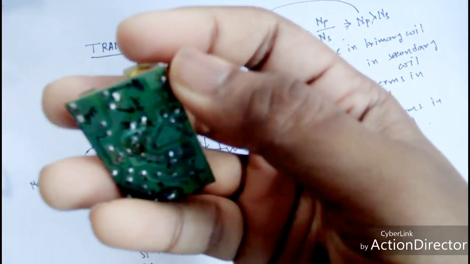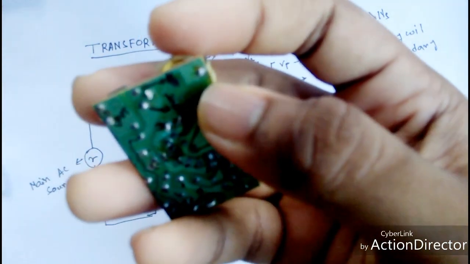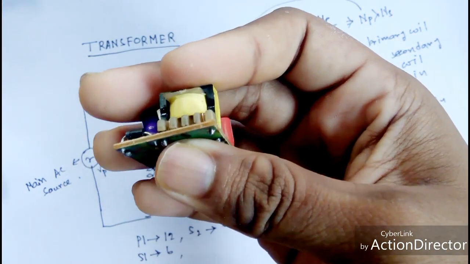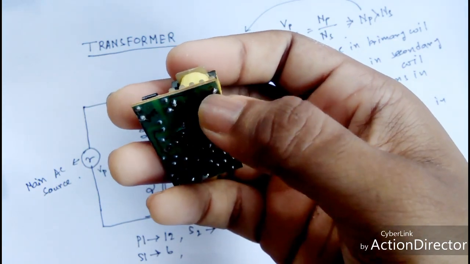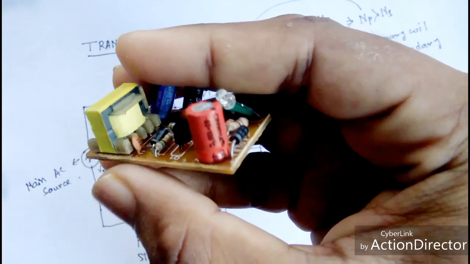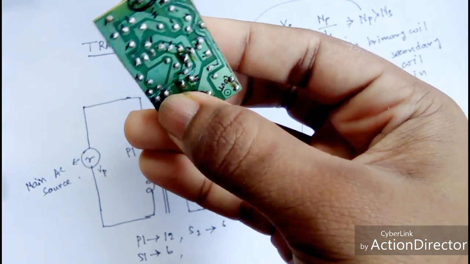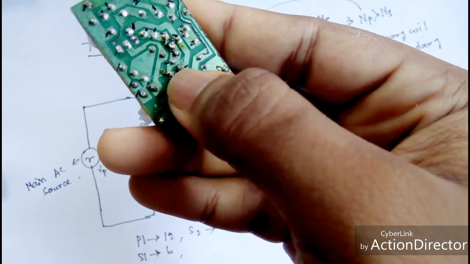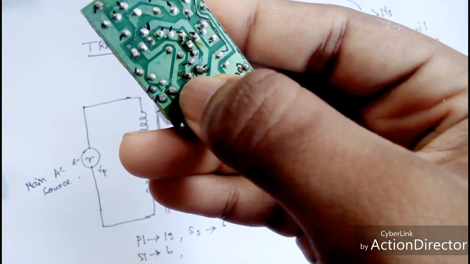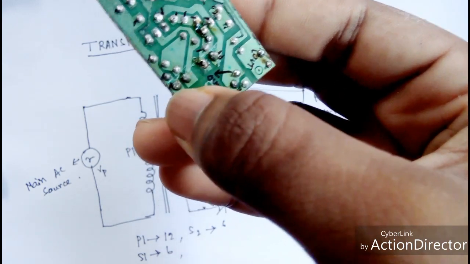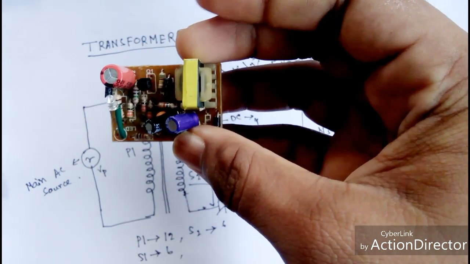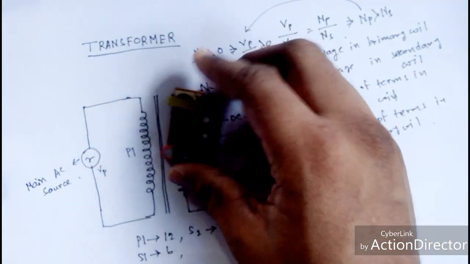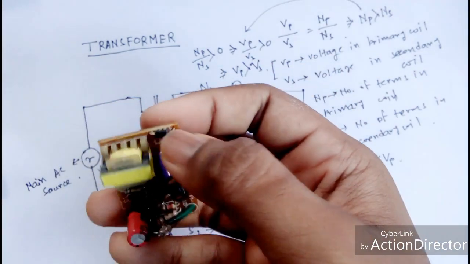Here you can find that there are two outputs of the transformer, this one and this one, but here you can find that actually these are inputs and these four are outputs. These two are the first secondary coil and these two are the second secondary coil. So this is a transformer. This thing you can see here is a diode.